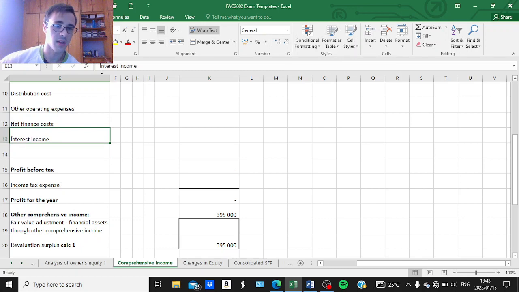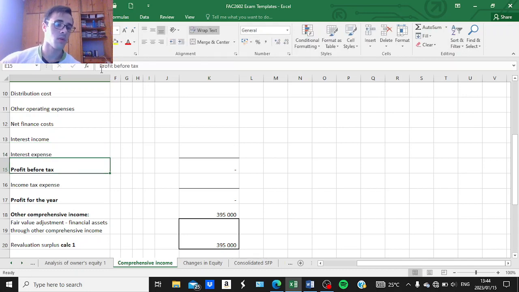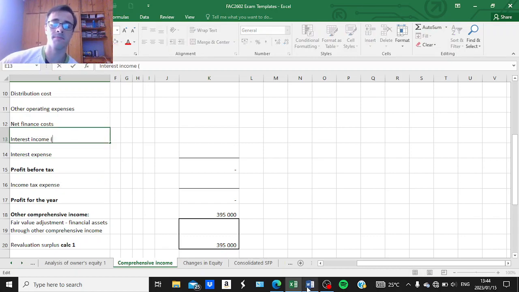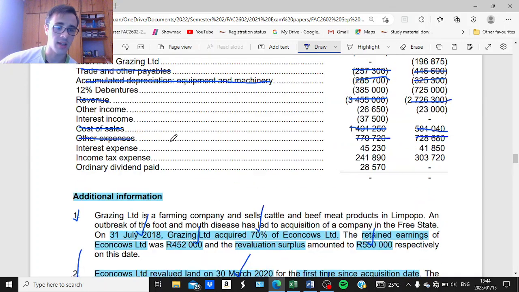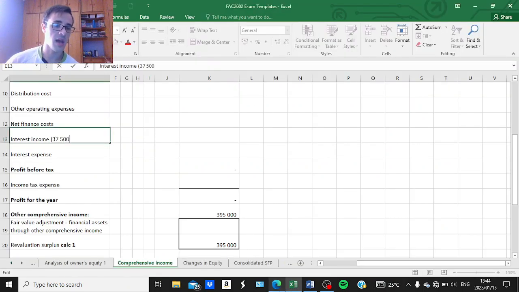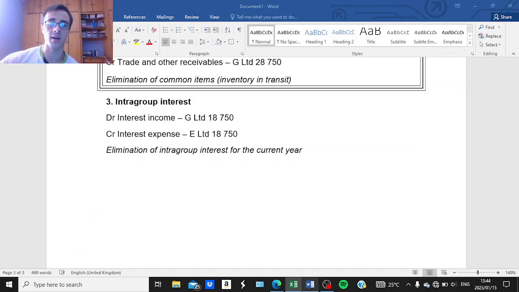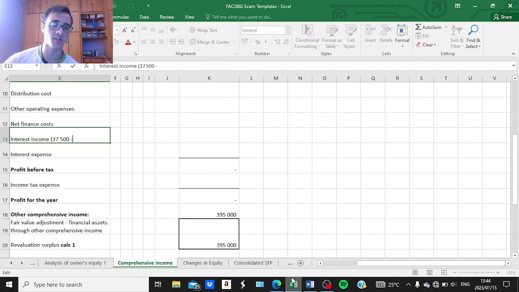Interest income and interest expense. So we start with the amounts as given. Interest income was provided as 37,500, and then we need to debit interest income by 18,750, so a negative adjustment.